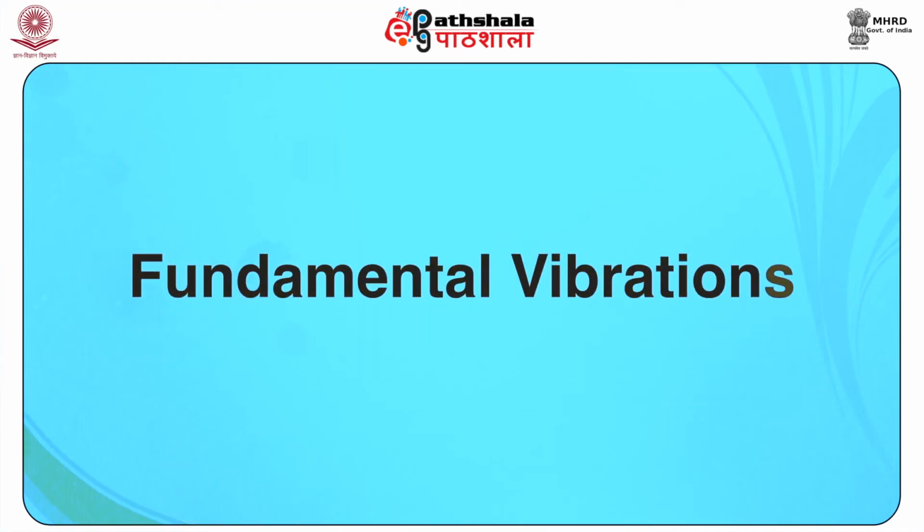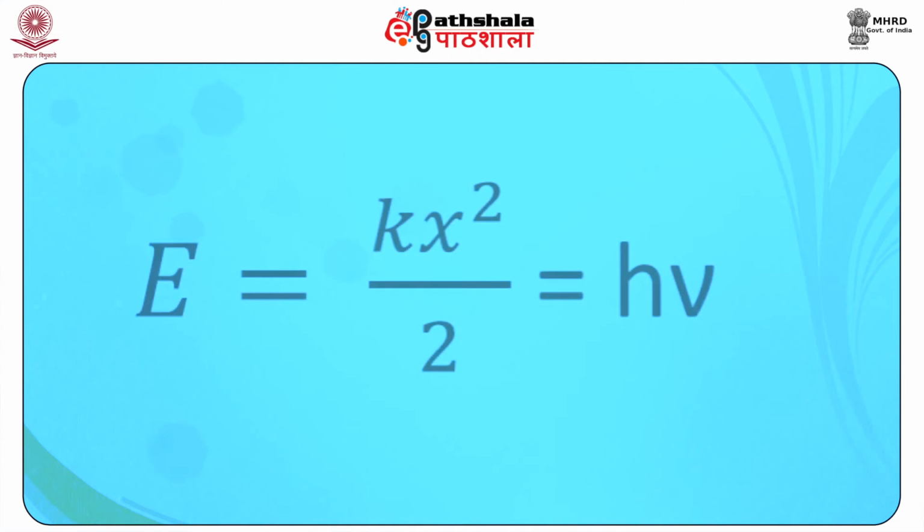Now, coming on to the fundamental vibrations. In the classical harmonic oscillator, the energy is described as half k x square is equal to h nu, where x is the displacement of the spring.